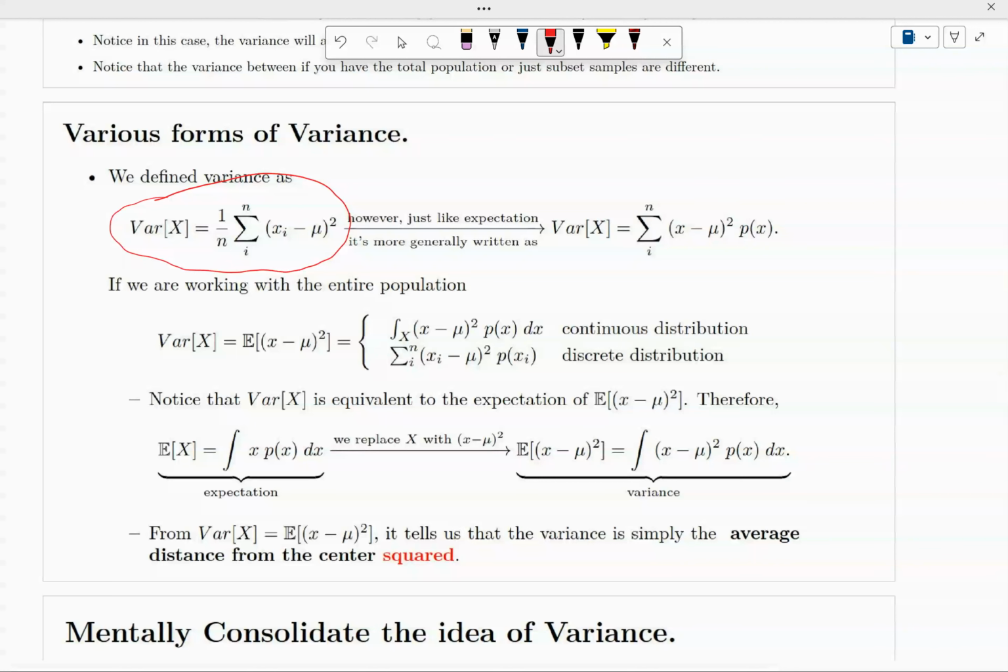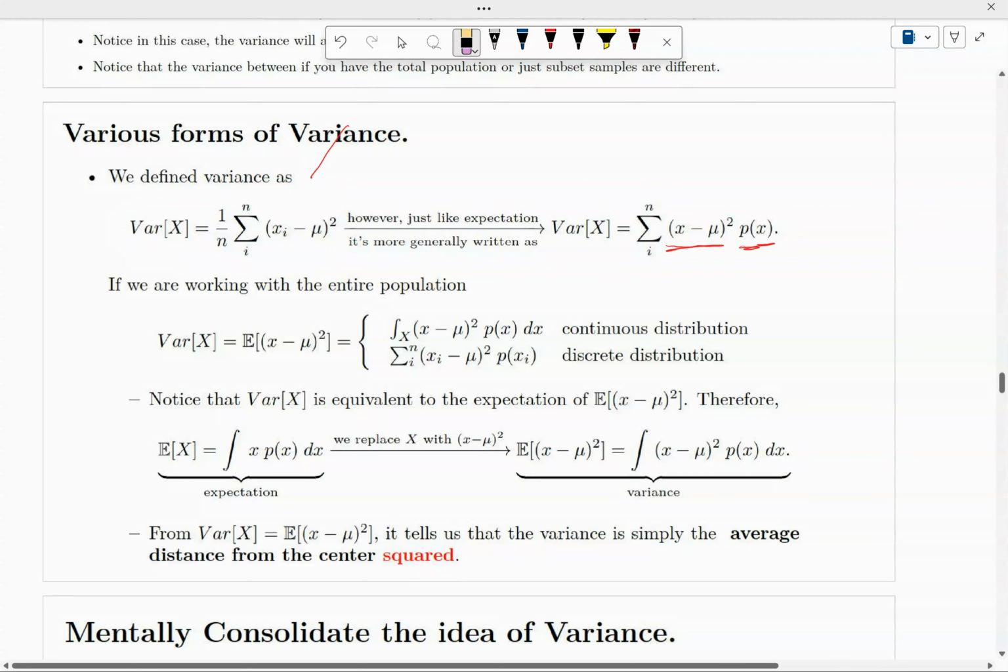So now we take the event multiplied by the probability instead of dividing by n, right? The idea is the same. Over here, we're looping through every single sample. Over here, we're looping through the possible events, because each possible event has a probability.